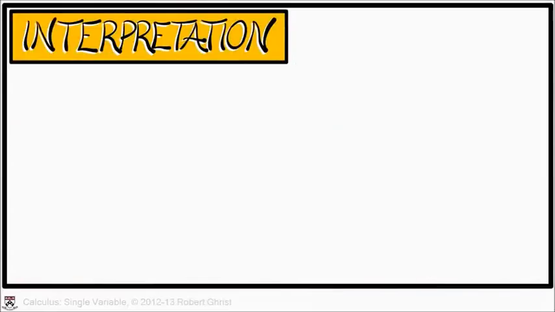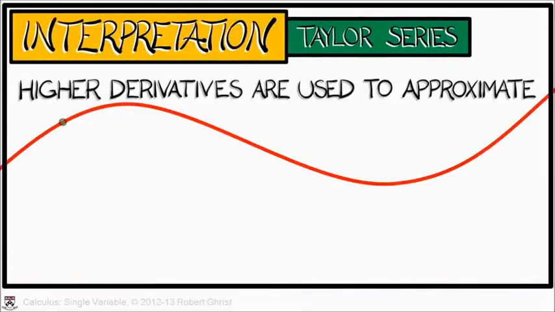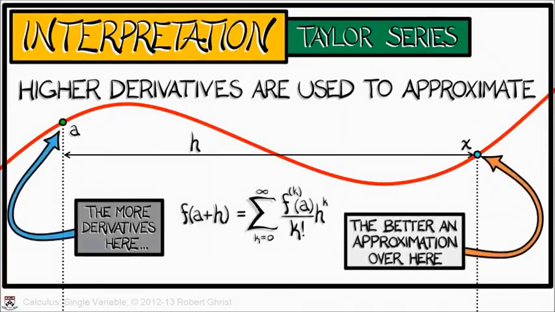In our main lesson, we saw that perhaps the ultimate interpretation of higher derivatives is in terms of Taylor series: if we are at a particular input, then the more derivatives we know at that input, the better we can approximate what the value of the function is farther away by some step h.